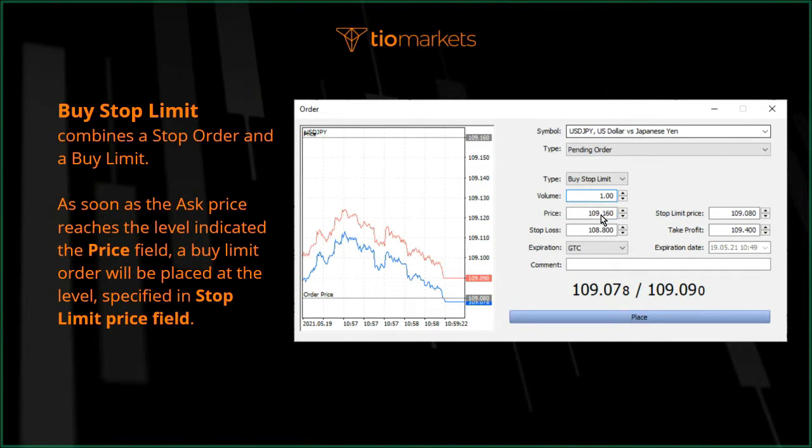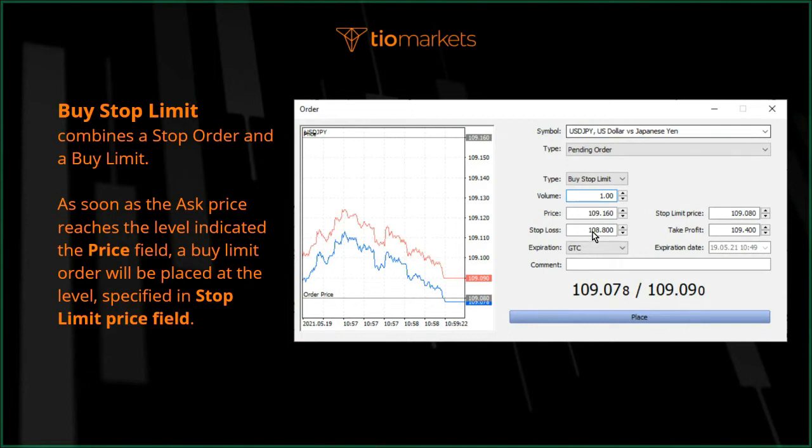Here in this example, it's USD yen at 109.16, and if the price goes there, it acts as a trigger for the system to place a limit order at 109.08. So this basically allows you to do what I just did, but with some more sophistication. And I'm going to show you exactly how you can do this.